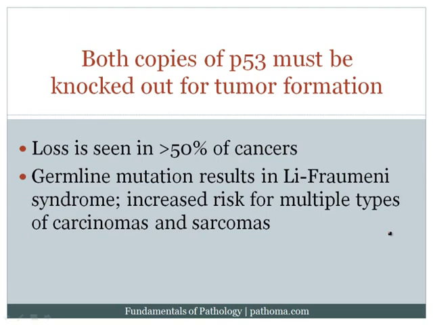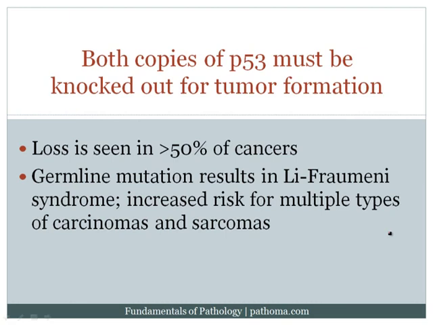Now, it's important to note that both copies of P53 must be knocked out for tumor formation. And the way I think about this is it's sort of like an intersection, right? These are traffic cops, and if one traffic cop goes to lunch, then the other traffic cop can sort of man the intersection and there wouldn't really be any accidents. But if both traffic cops are not at the intersection, it becomes chaotic and there's an increased risk for accidents.